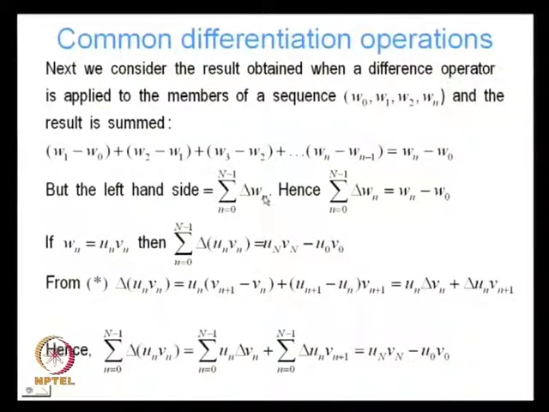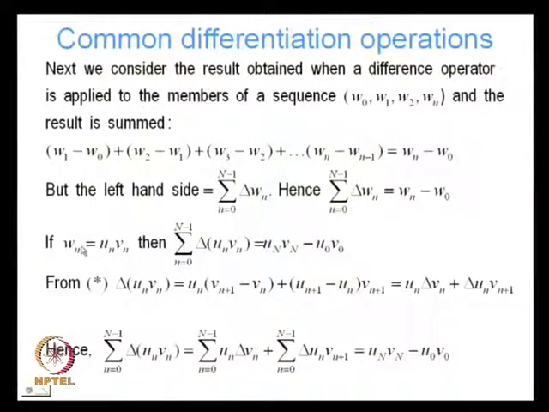Why? Because this is delta W0, which is this term, plus delta W1, which is that term, and then delta W(n minus 1), which is this term. This should be small n. So, the left hand side is this, and the right hand side is Wn minus W0.